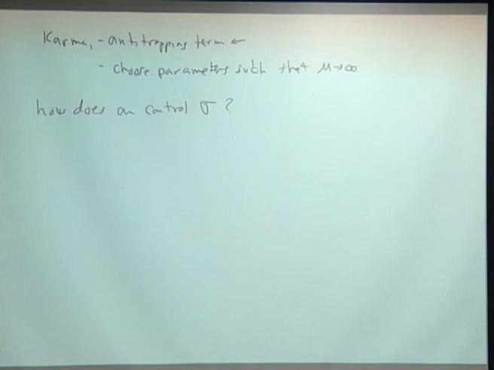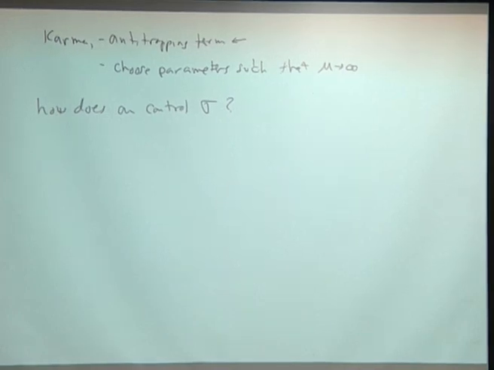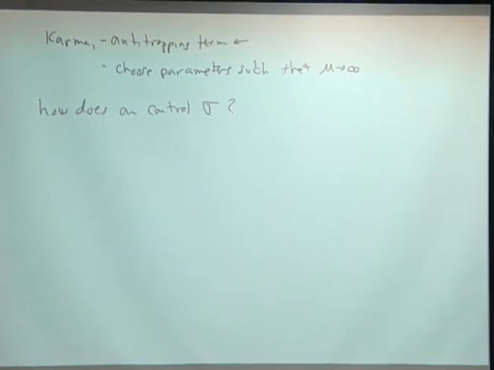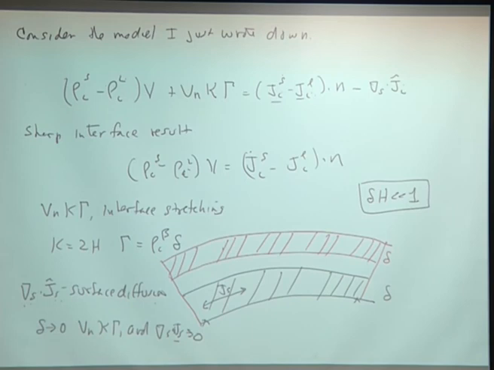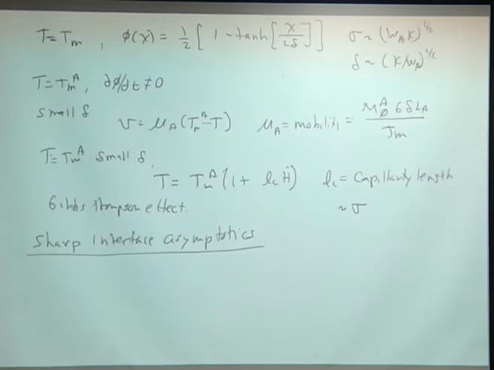The other thing is, how do you control... I'll mention this and then we'll stop. I mean, how do you control the interfacial energy? Why is that important? Well, if you go back to here, you see that the interfacial energy is a function of W and kappa.